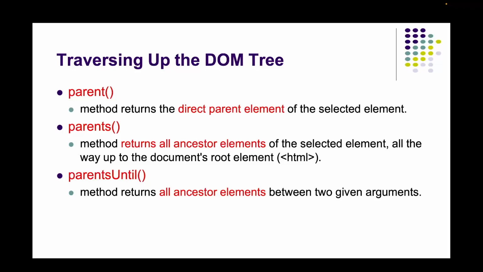So first is the parent method that returns the direct parent element of the selected element. And parents, this method returns all ancestor elements of the selected element all the way up to the document's root element. And next is parentsUntil. This method returns all ancestor elements between two given arguments.